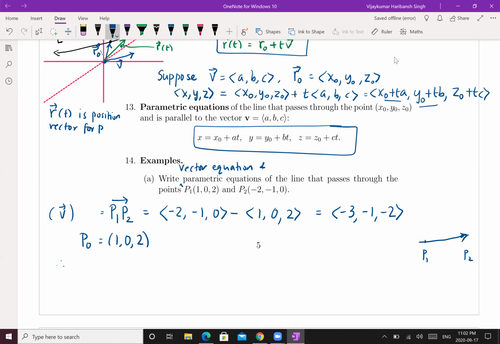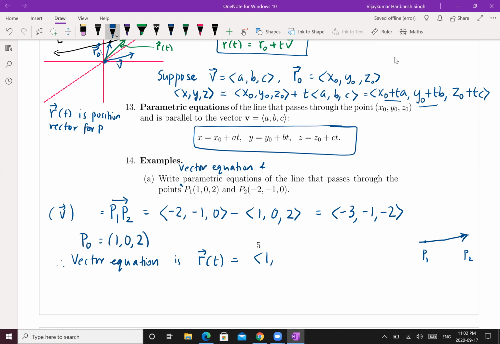Therefore, the vector equation is r(t) equals r0 plus t times v.